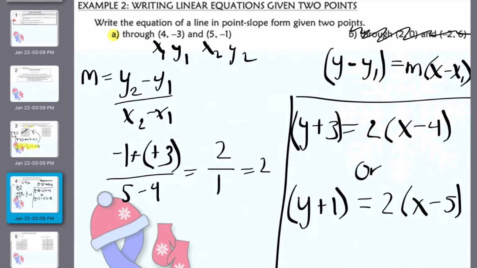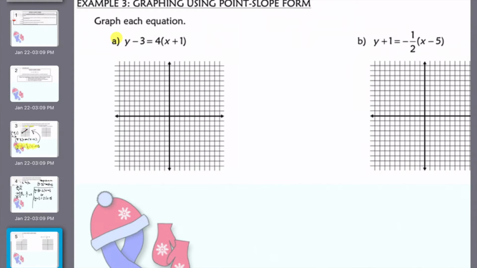Let's try another practice problem here. So I now need to graph each equation, okay? So again, it's important for me to know that this is y minus y1 equals my slope times x minus x1.